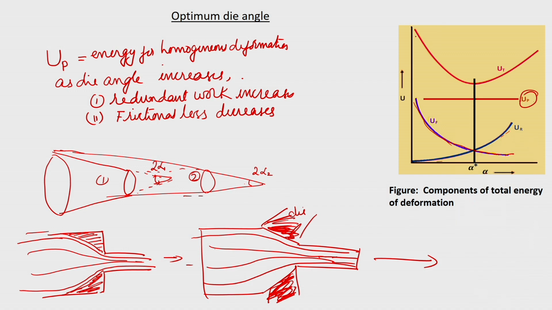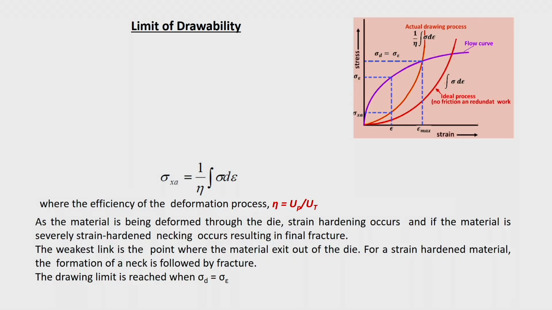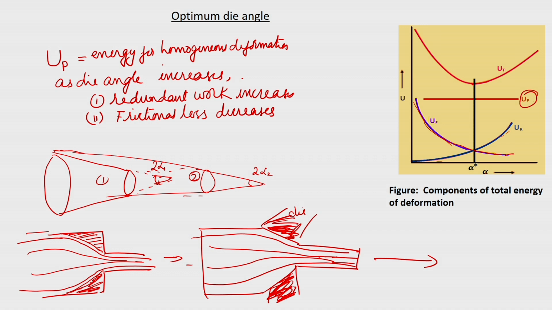So, the total energy required will be a sum of all these things. It keeps decreasing as the die angle increases, reaches a minimum, and then increases again. So, there is an optimum die angle depending upon your frictional component and other things. You have to optimize the die angle, and a lot of work has been done, and people have arrived at certain relationships for the die angle.